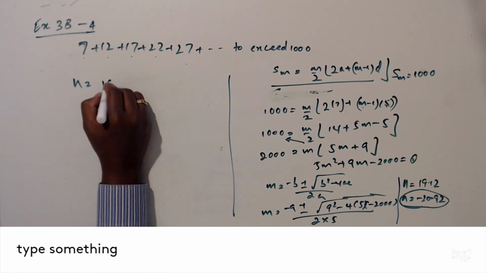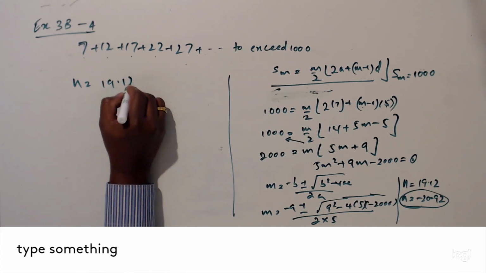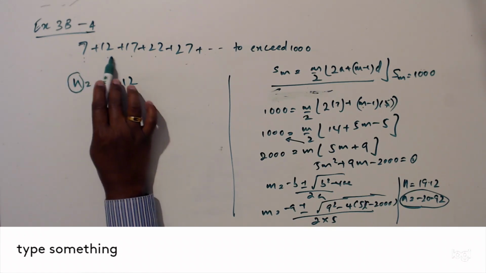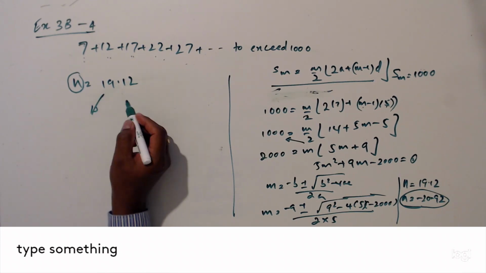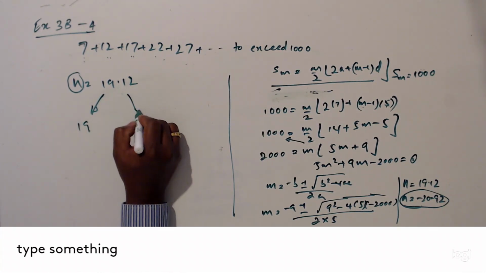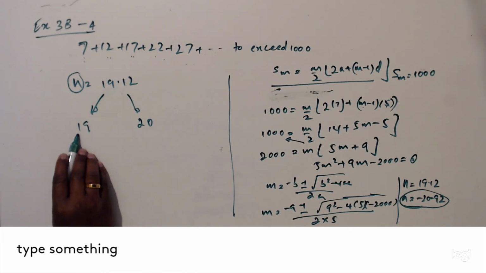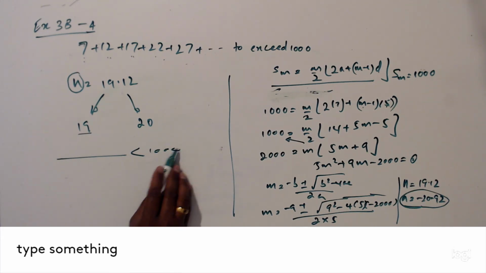So the acceptable answer is 19.12, but m should be a whole number of terms. A term can't be a decimal number, so we have two options: 19 or 20. If you take 19 terms, the sum is less than 1000.